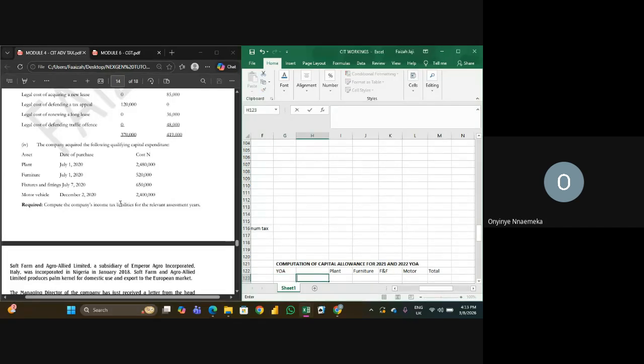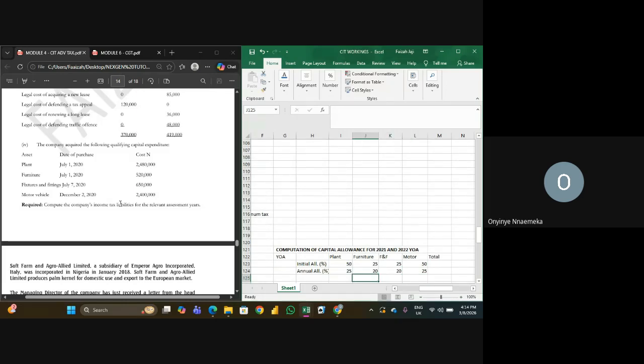For the initial allowance, let's put it in percentage, and the annual allowance also in percentage. For plants, we have 50-25. Furniture is 25, 20. F and F is 25, 20. Motor is 50, 25. Correct me if I'm wrong, please. Then we have the Naira sign.